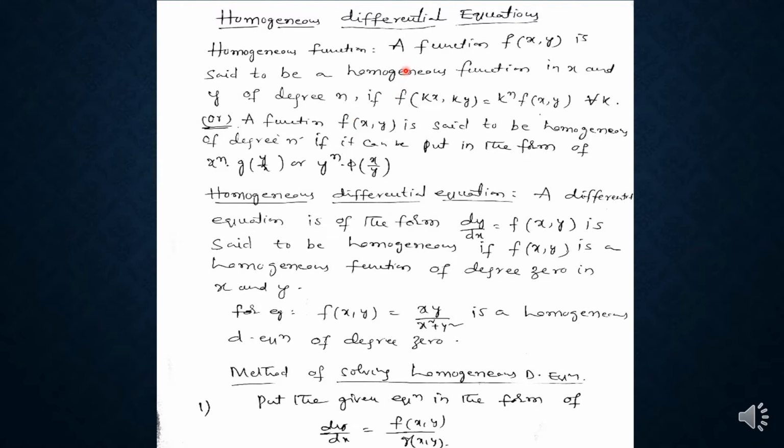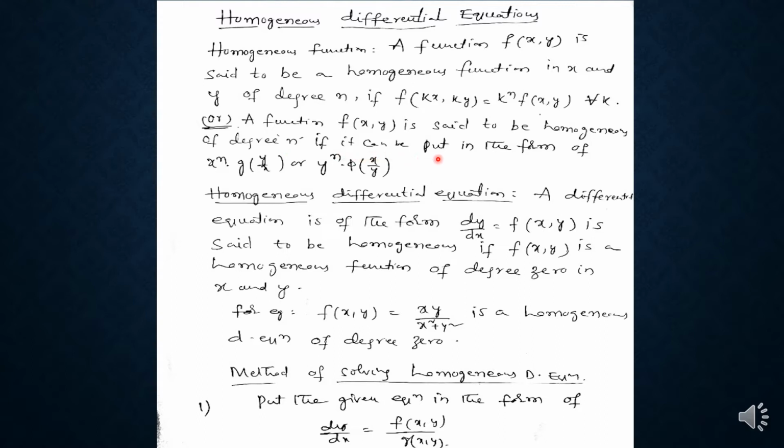If we are given a function in variables x and y, let us take that as f. By substituting x as kx and y as ky in the given function, if it can be expressed in the form of k to the power of n into its original function f of x comma y, then the function is said to be a homogeneous function with degree n.